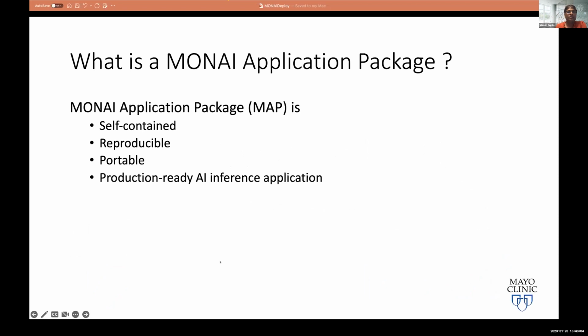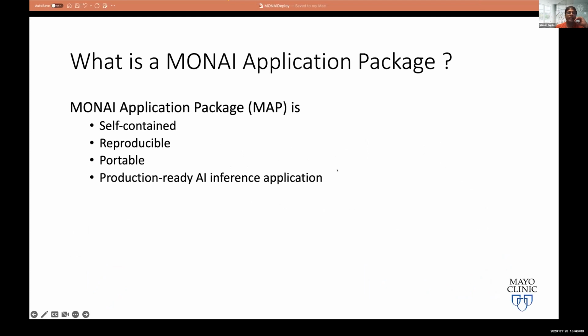Okay. So what is a MONAI Application Package, or MAP? It is a self-contained, reproducible, portable, production-ready AI inference application. That's certainly a mouthful, but what I mean is that in a MAP, you can encapsulate the model and all the necessary code that you need to run that model.